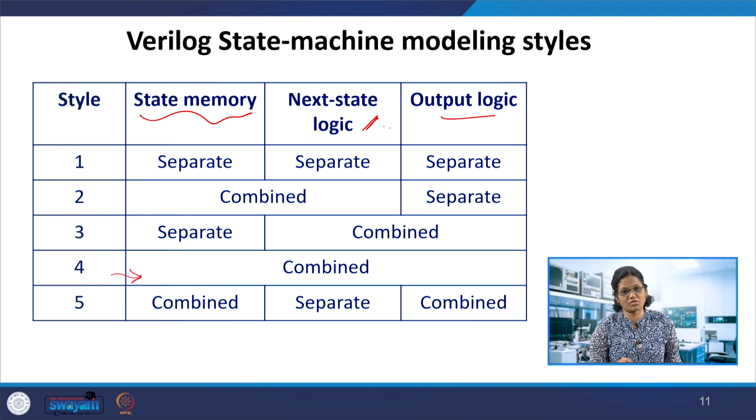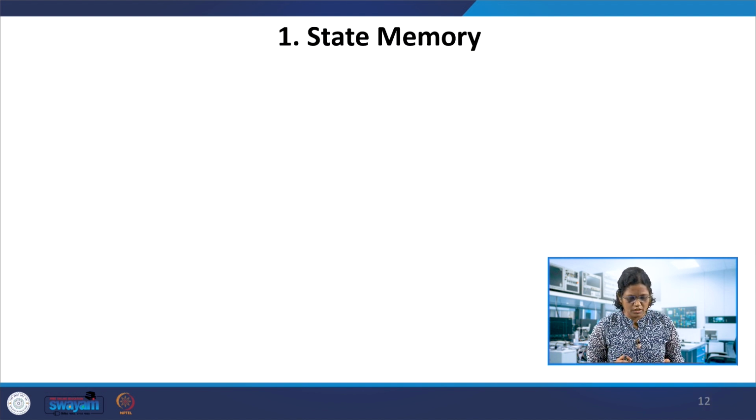These two are combinational logic, so they can also be combined. Or we can combine the state memory and output logic and keep the next state logic separate. So this is the fifth style. There are various ways in which state machine modules can be developed using Verilog. We'll see each one in the coming lectures.